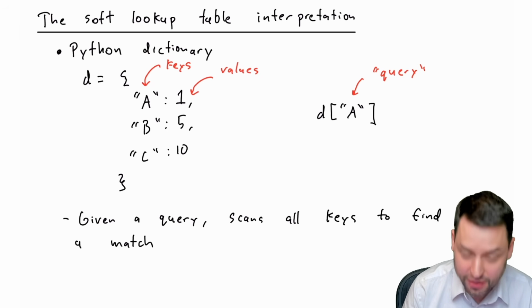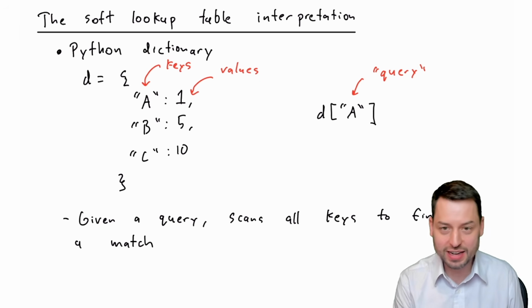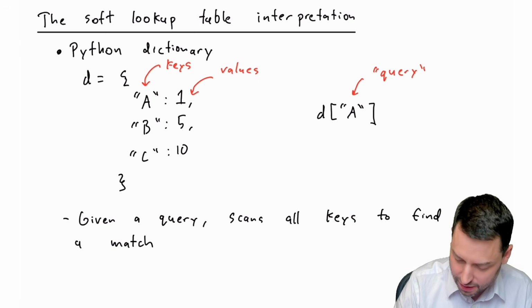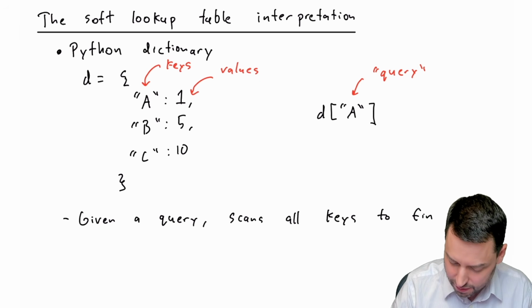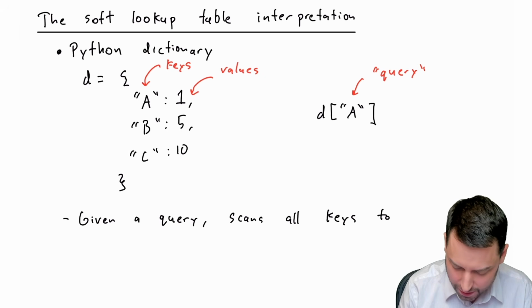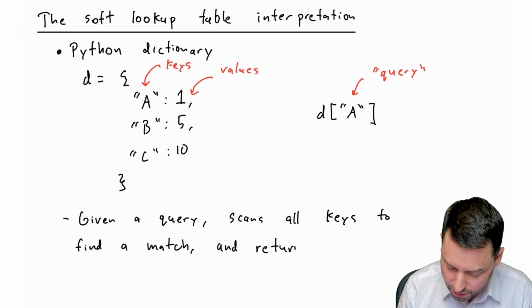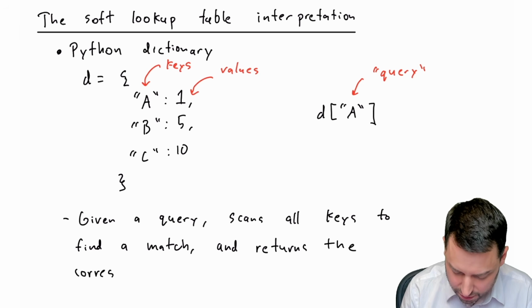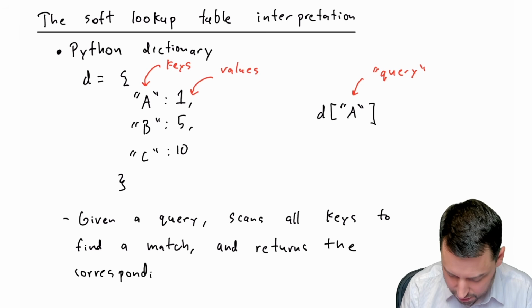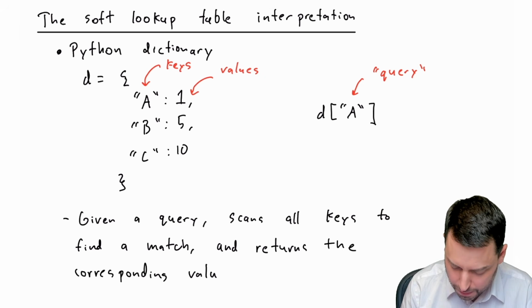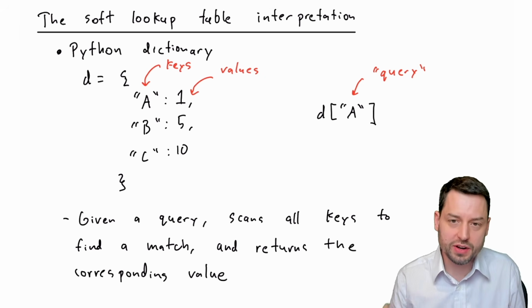In the case of a Python dictionary, just an exact match to the query. And it returns the corresponding value. Right? And that's what a Python dictionary does, at least conceptually.